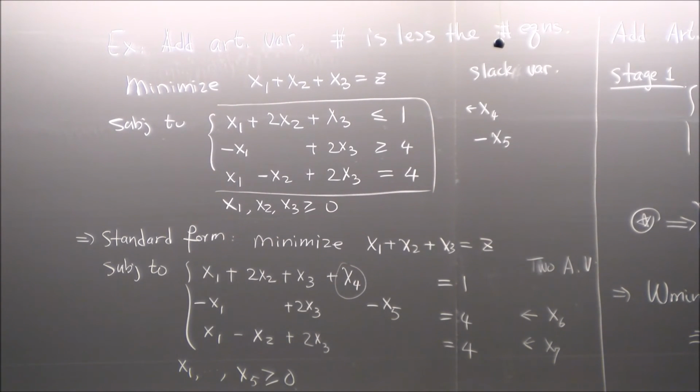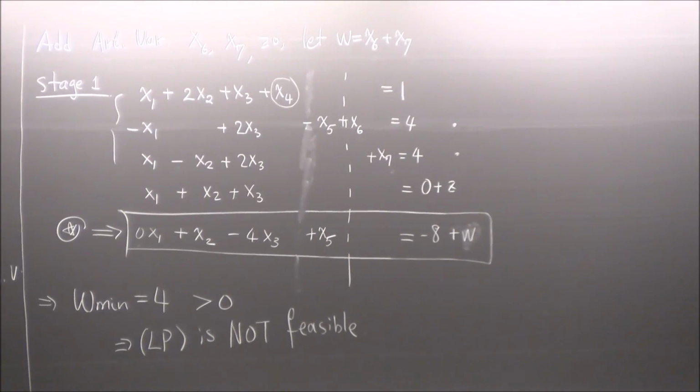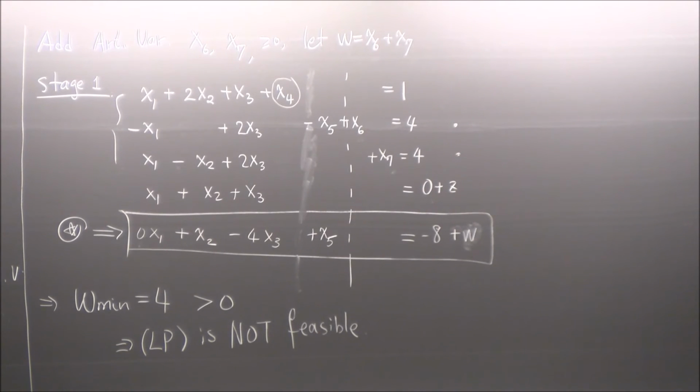Imagine you have more equations and it's not feasible. That information is hiding. It's not easy for your eyes to see. And with this process, this is a bonus you get that you will know it's not feasible. If it shall be feasible, then W will be driven down to 0, and then you will initiate the second stage and solve the original problem. Is that clear?